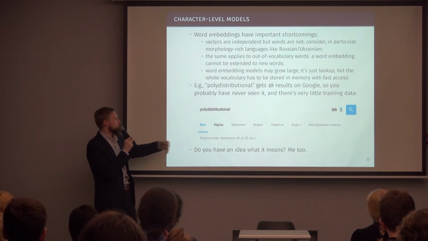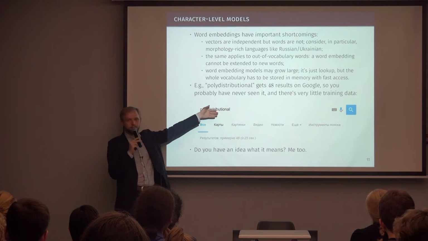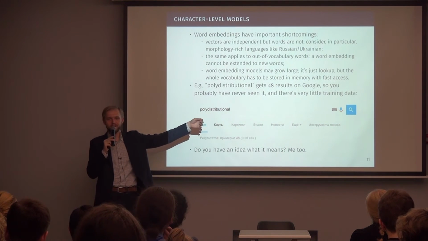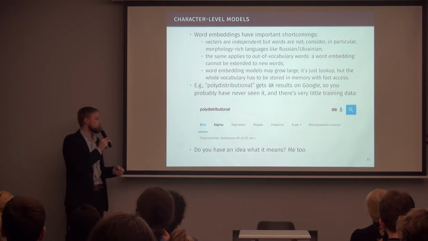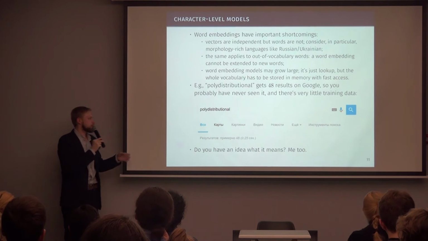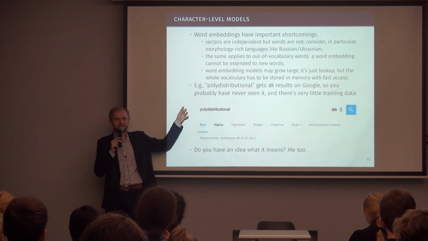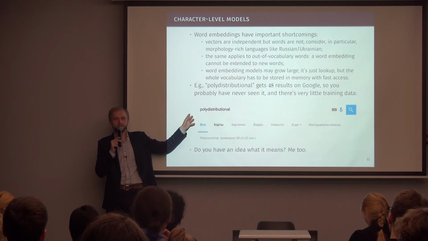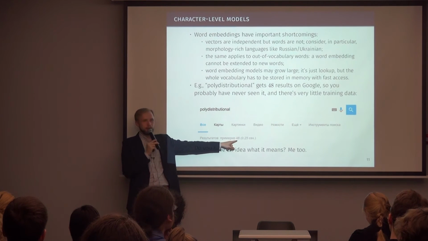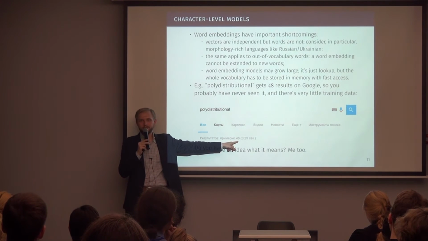So, for instance, for this talk, I made up a word, polydistributional. Now it has a bit more results because the slides have gotten around a little bit. But when I first thought of this word, it had 48 results in Google, which is an absurdly low number.